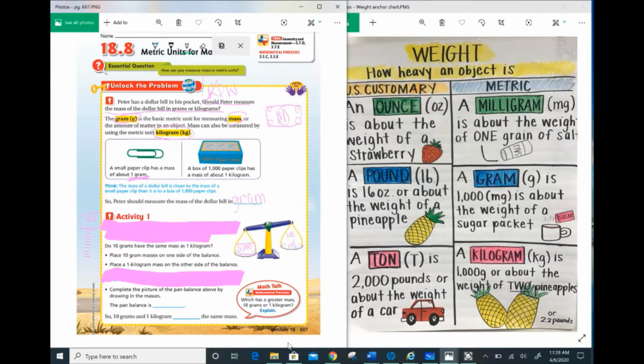Now, the balance is not equal. So I'm going to go ahead and write there, not equal. So 10 grams and 1 kilogram blank the same mass. Do they have the same mass or do they not have the same mass? Correct, they do not have the same mass.